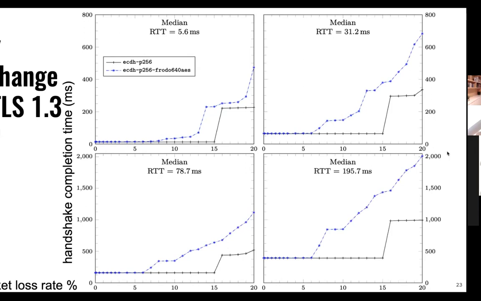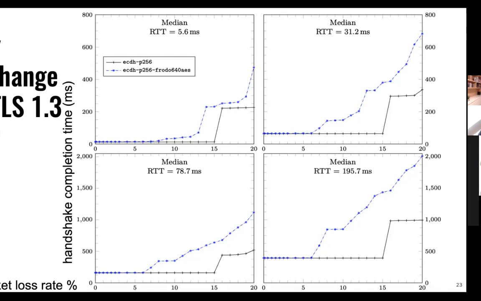And I should note that on the bottom two graphs, the y-axis has changed. What we're seeing here is the effect of retransmission. So Frodo has about a 10 kilobyte communication size to establish a round trip, compared to, say, just a few hundred bytes for NIST P256. And so these 10 kilobytes get fragmented across a significant number of packets, usually at least 8 packets, if we're talking about a standard TCP transmission size.